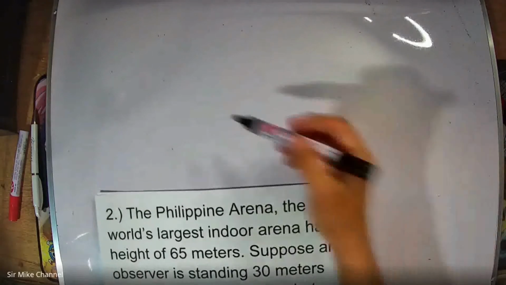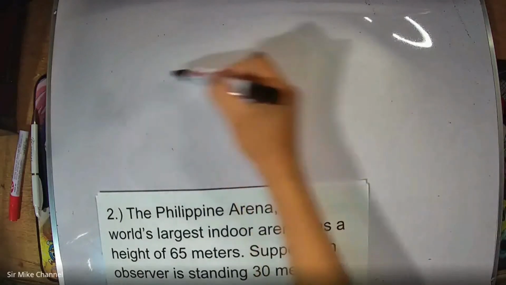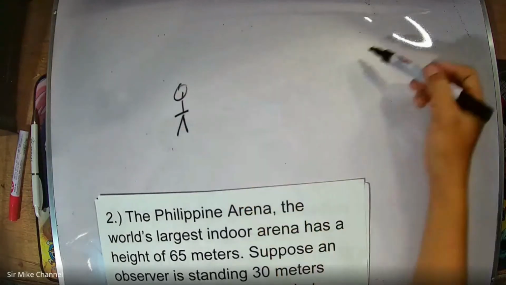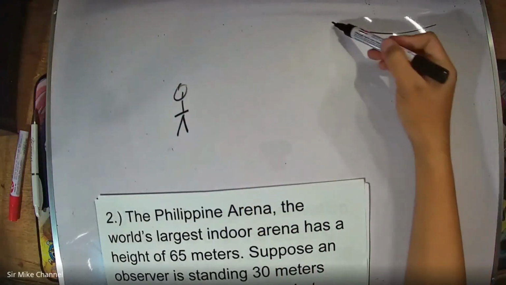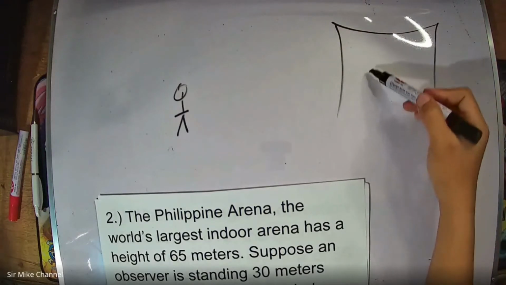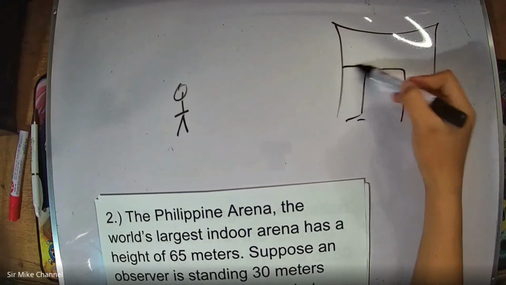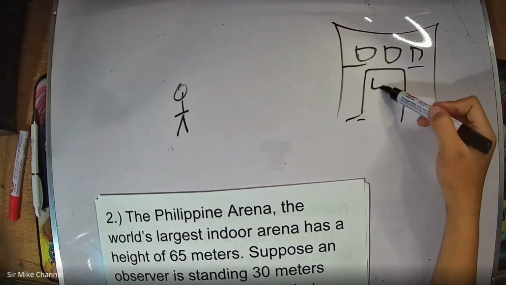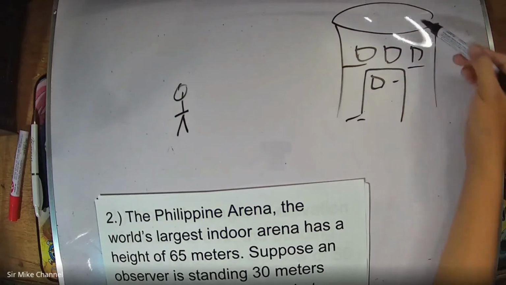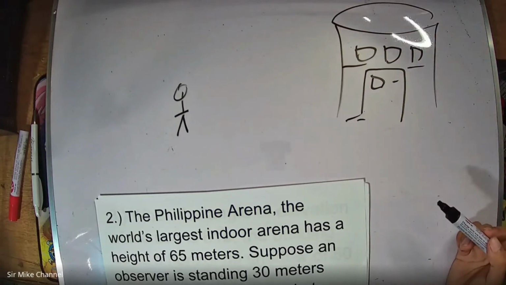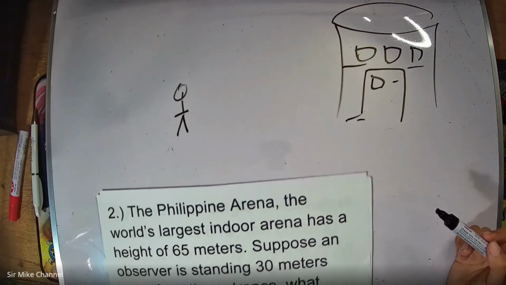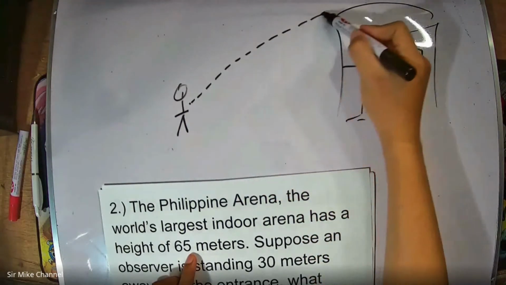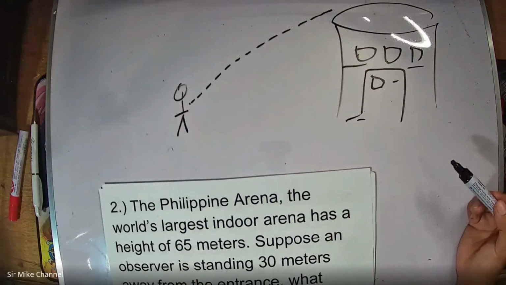Let's say this is the person, and this is our arena, for example. Sorry for our drawings. This is the arena, and 65 meters. From here is his line of sight to the roof.